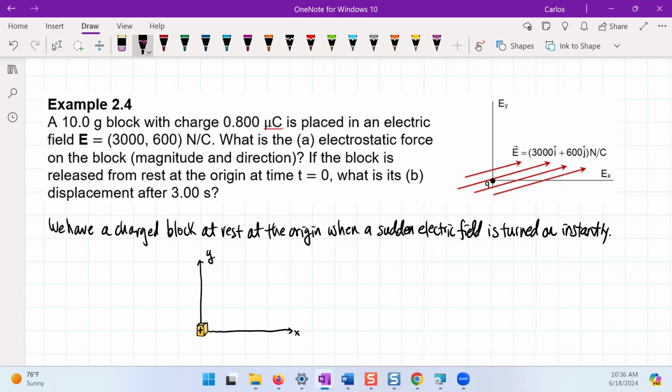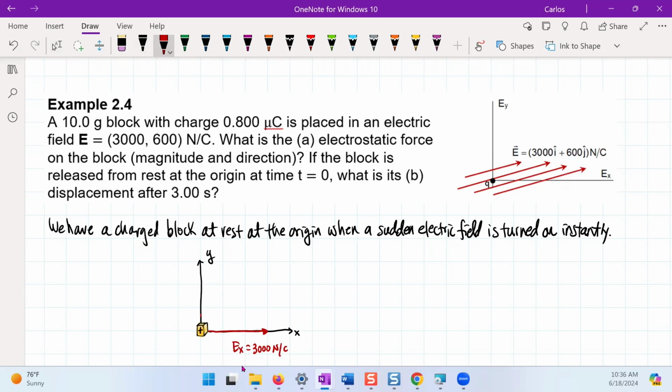So when I look at the electric field, there's two components that are going to act on this. One, I'm going to have an x component that's 3000. So I'm going to say that 3000 is about 3 squares. So now I've turned on a field in the x direction that has 3000 newtons per coulomb. And then the other one has only 600, so that's about half a block.